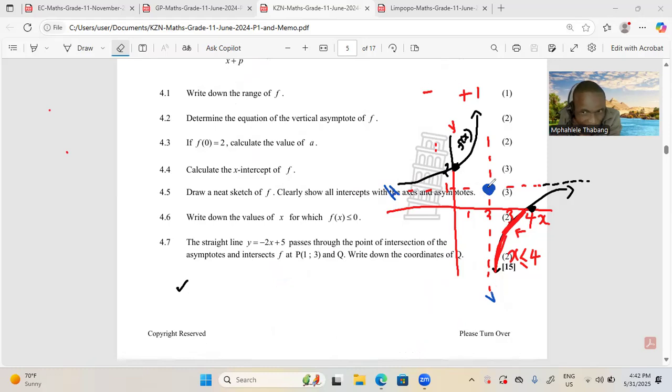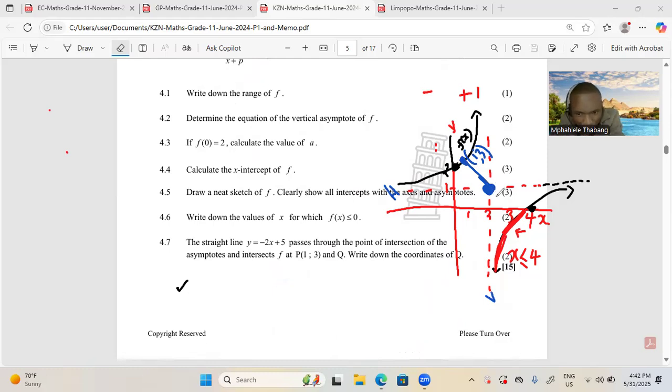The line intersects f at (1, 3). So this line goes like this and touches f at this point, which is (1, 3).